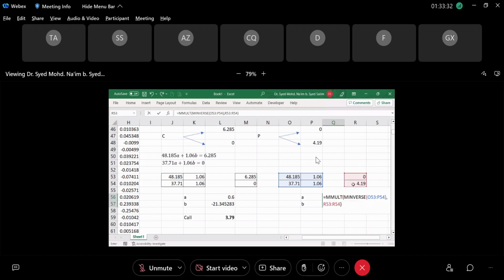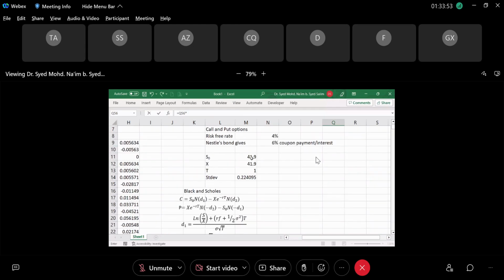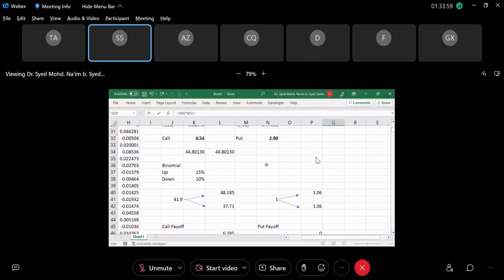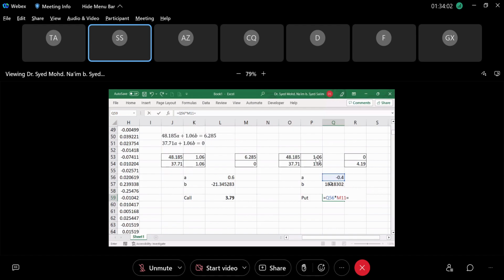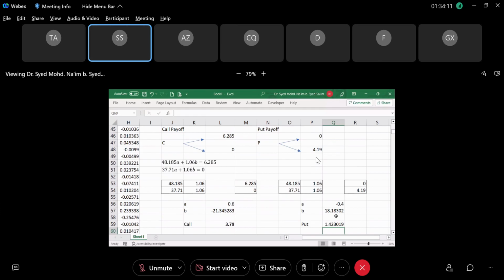Close bracket. Right, so put option is equal to that applied with the spot price, plus that multiplied with the bond price, and we get the put option as 42.